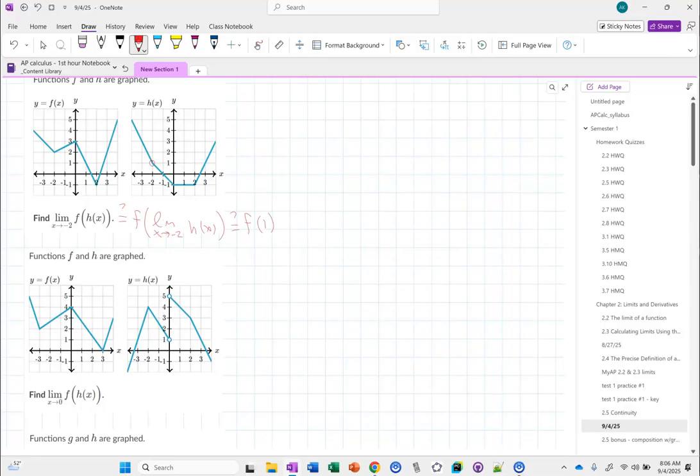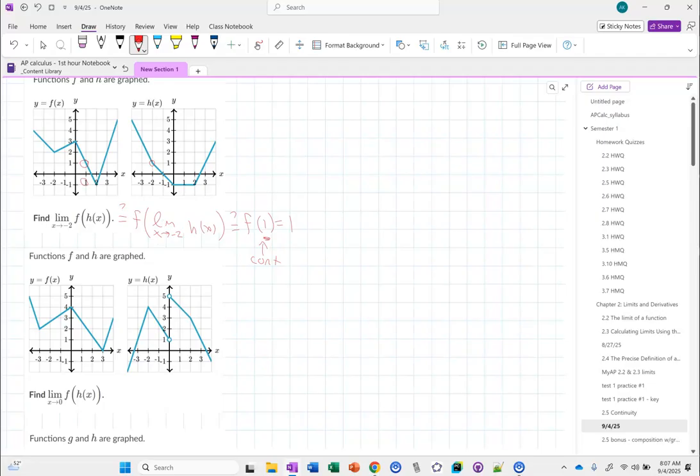And then if I do f of 1, I find 1 and I plug in. So it looks like f of 1 is 1. Now the thing that I'm checking is to make sure that f is continuous at x equals 1.